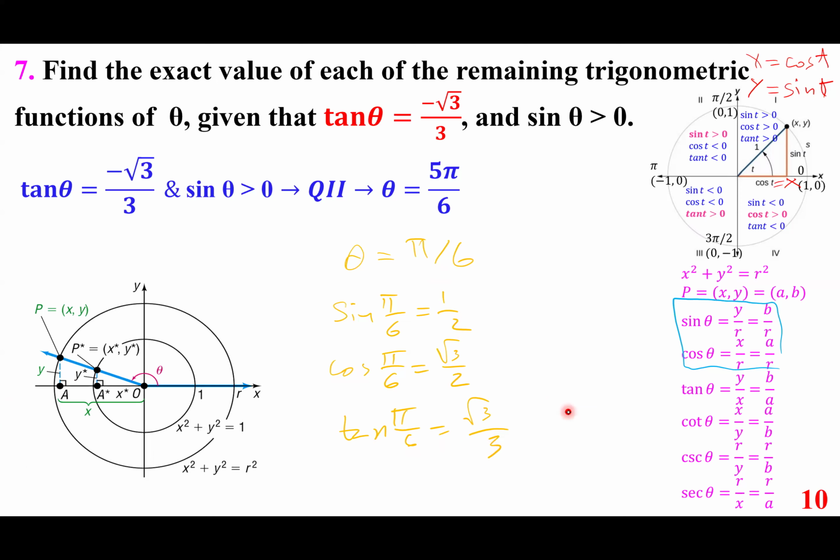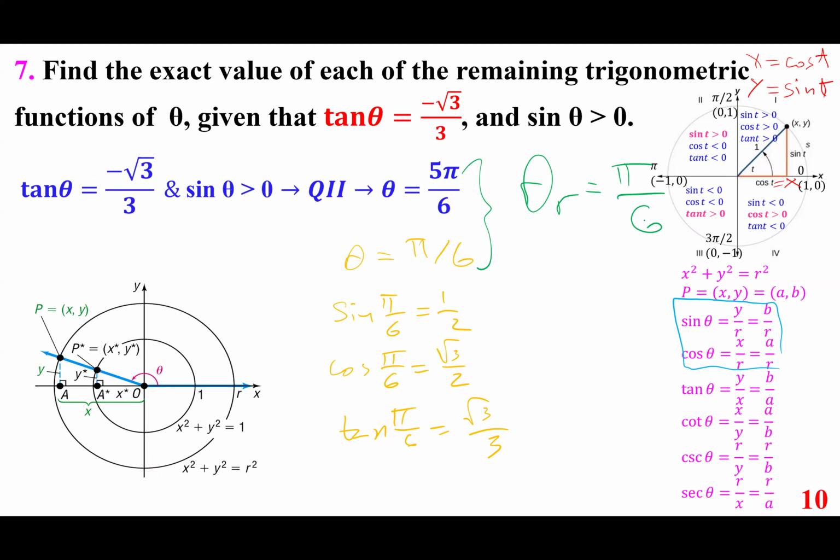So if that is the case, we recognize this one is almost the same as pi over 6, but this is negative, and it's in the second quadrant. So right away, we notice that pi over 6 is the reference arc.